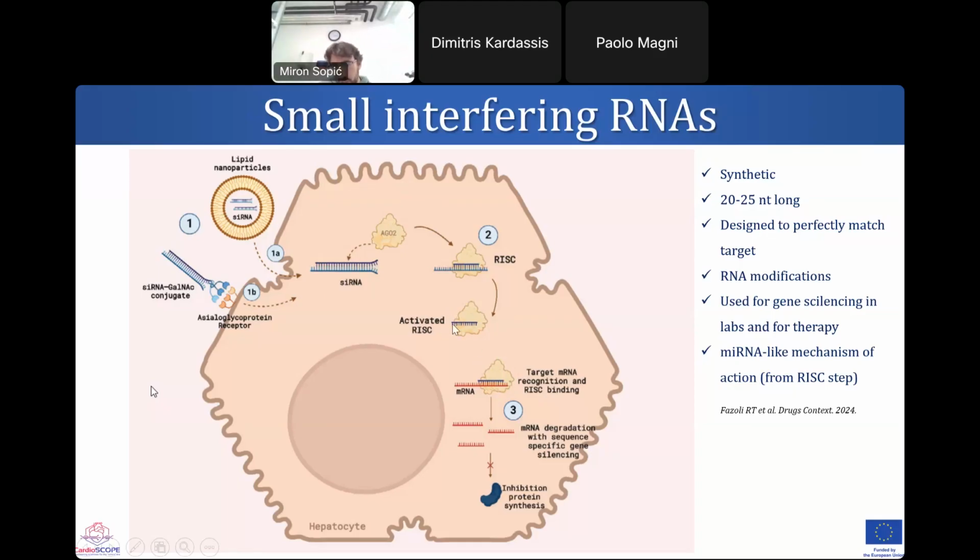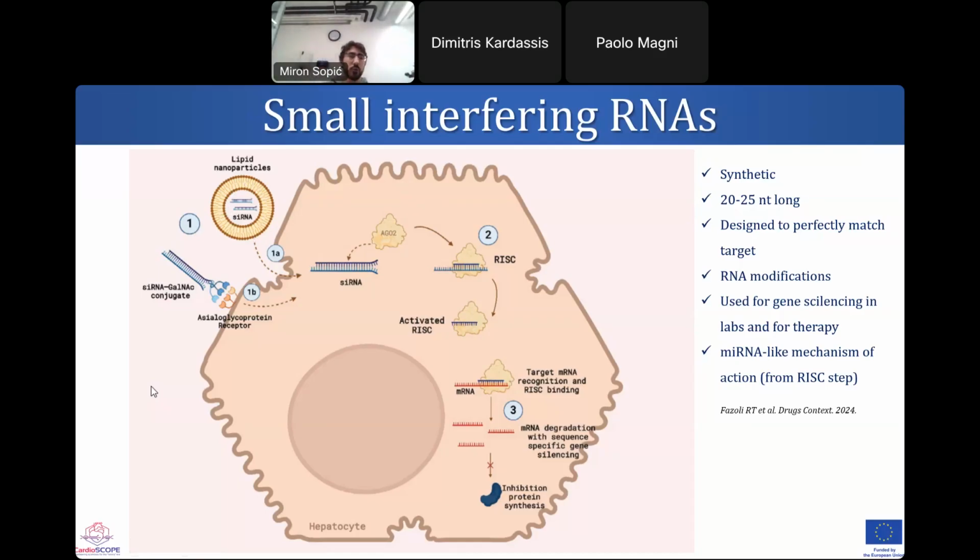But now, because there is a perfect match between the target and the siRNA, you will end up with only one scenario, and that is complete destruction. Now, the trick with siRNAs is, when you are doing this in a dish, it's relatively easier.